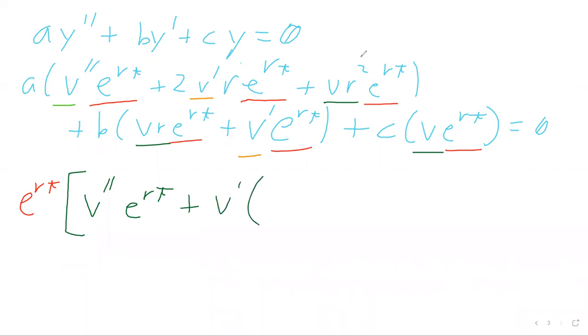Then v prime is going to be 2ar plus b, and v double prime has an a in it as well. It's going to be a.